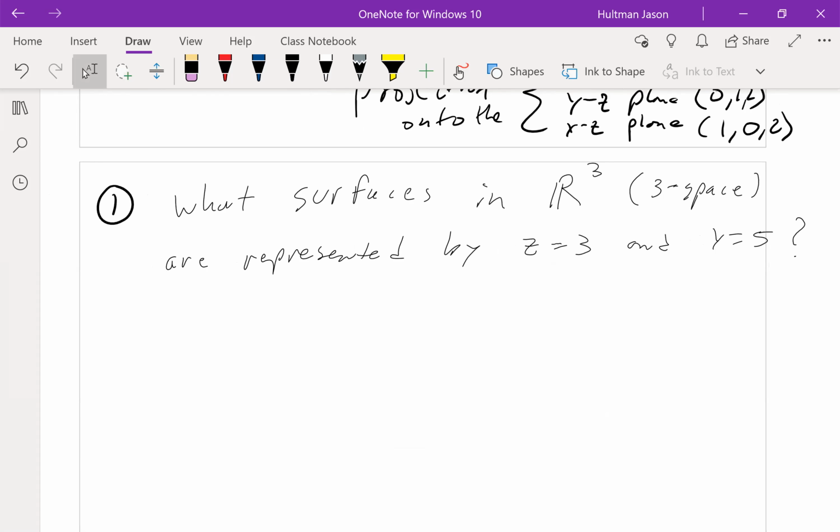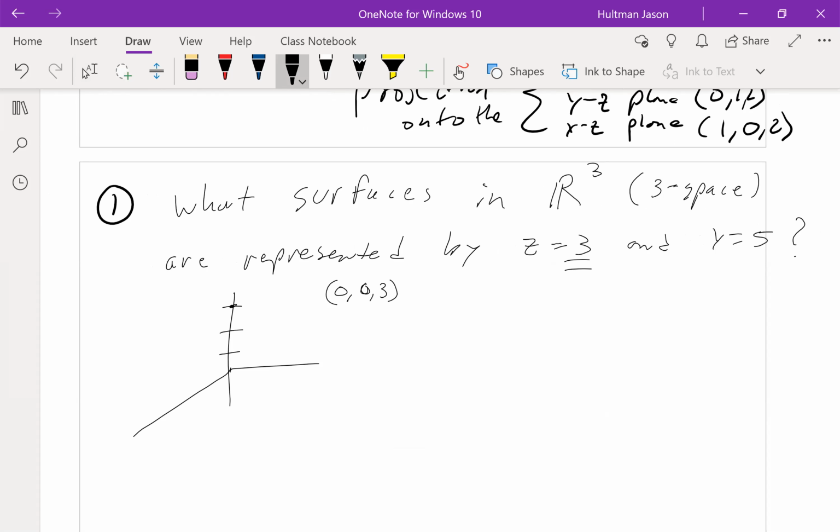Well, let's look at Z equals 3 first. Where would Z equals 3 be located? It'll be located up 3. So if I had the point 0, 0, 3, that should be located on Z equals 3. What is located at Z equals 3?